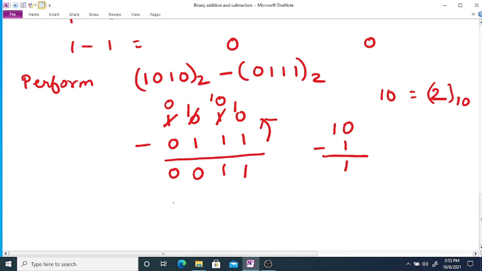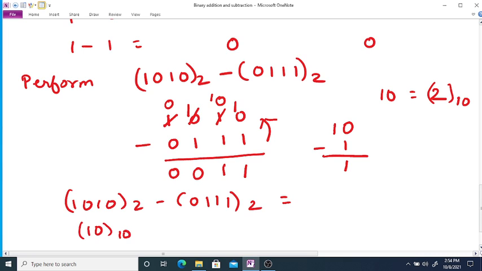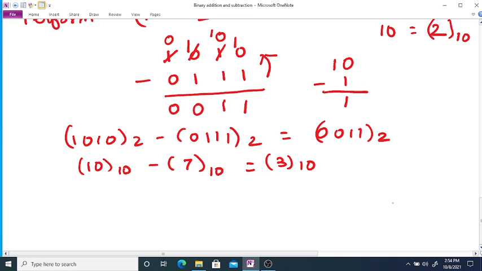Now if we convert these given numbers, that is 1010 minus 0111, into decimal, we will get this as 10 minus 7 in decimal. So we know that the answer will be 3 in decimal. Here we have got 0011, which is nothing but 3 in binary. So in this way we can perform subtraction of two given binary numbers.